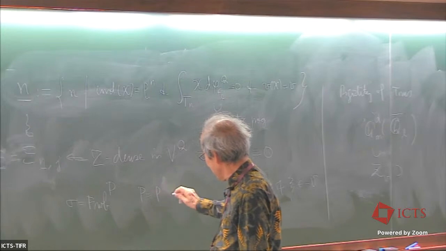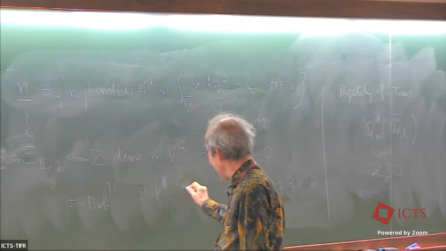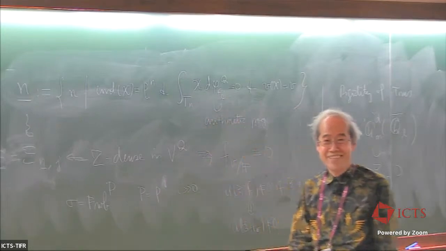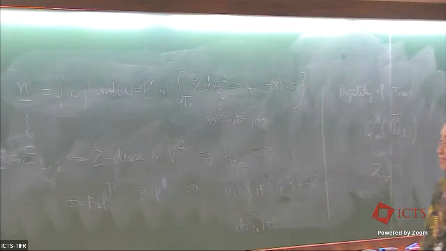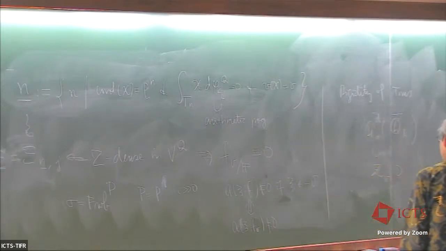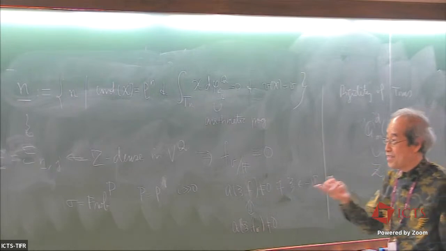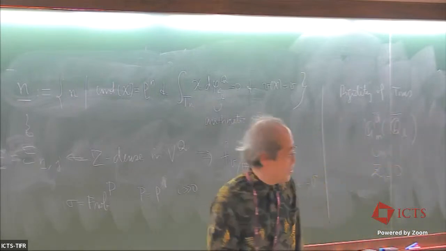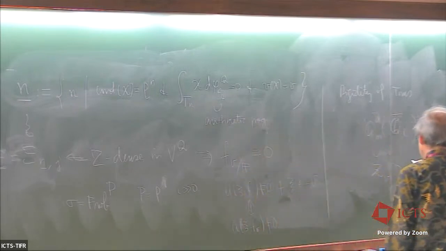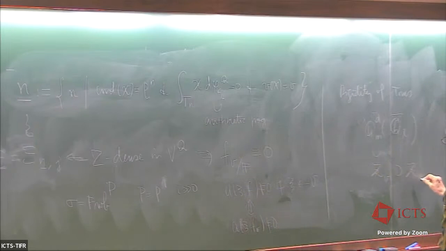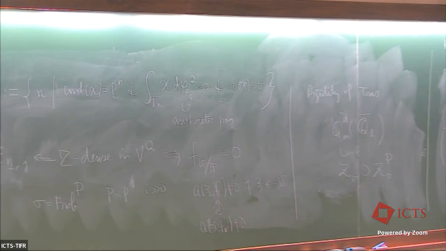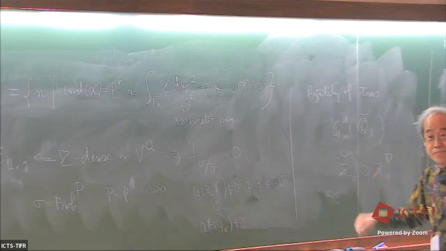J and I sufficiently large, right? So you apply sigma, the vanishing doesn't change, so it is stable under the Frobenius. This is a character, so I can just raise the power to the p. This kind of subset is called a rigid subset of G_m.